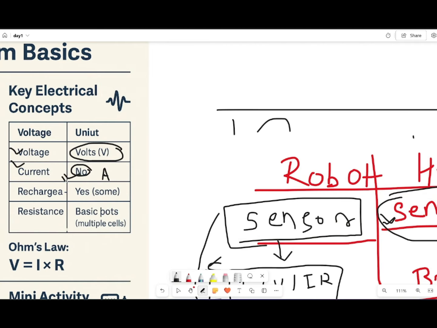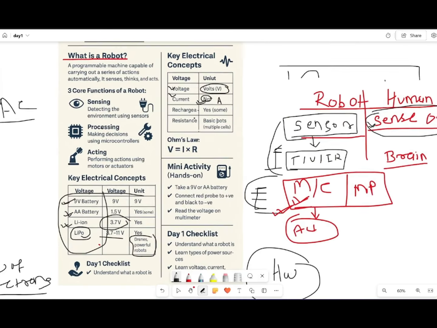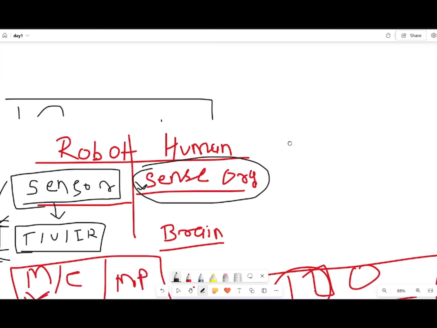Basically we are using batteries here, so that's why it's written here. The unit of current is ampere. Clear? And we are using a rechargeable battery here, and we have some basic resistance.